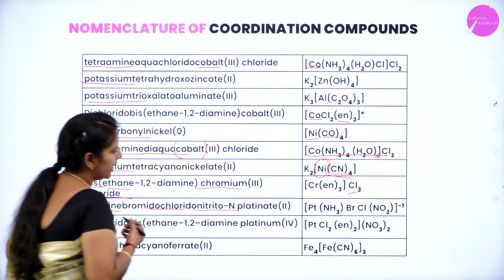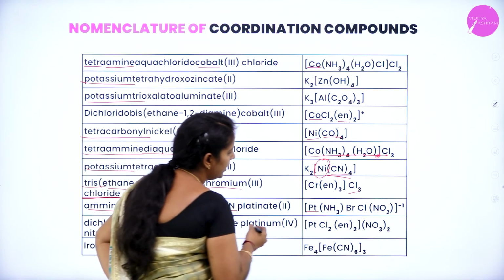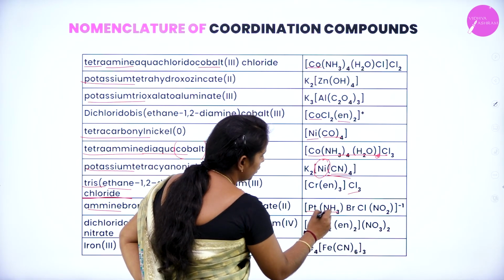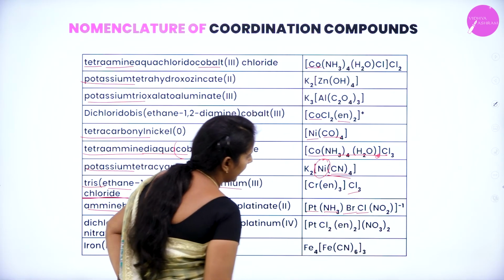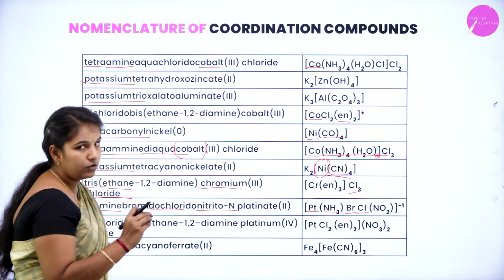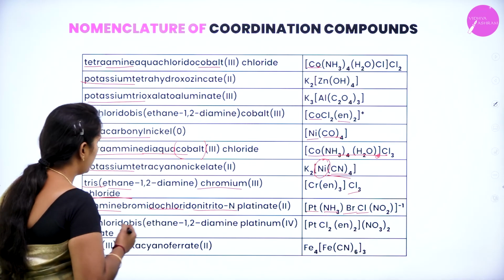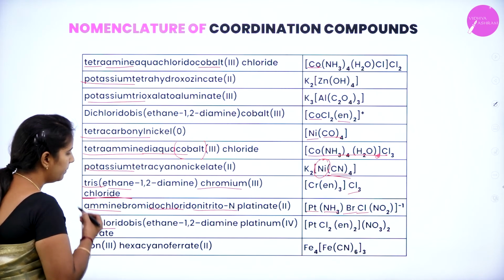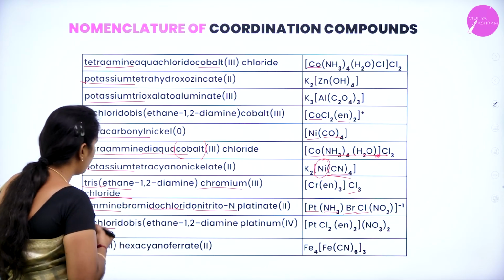Next, amminebromidochloridonitrito-N platinum(II). Here you can see that the platinum is my central metal atom surrounded by 4 different kinds of ligand. Is it right? One is ammine, bromido, chlorido, nitrito. In that, nitrogen is the ligating atom, and platinum carries a +2 oxidation state. Next, we have dichloridobis(ethane-1,2-diamine)platinum(IV) nitrate.